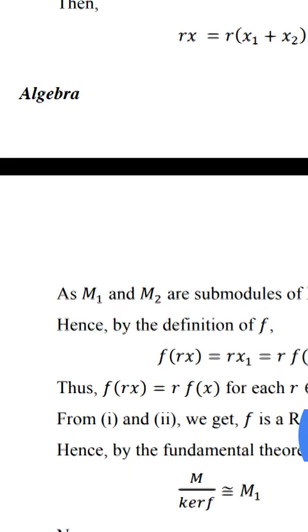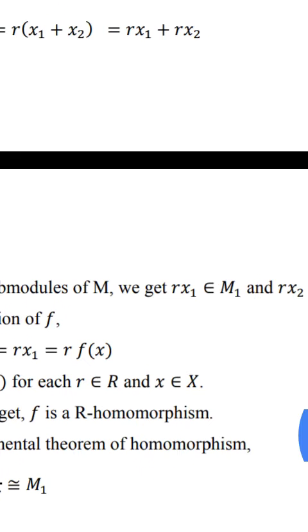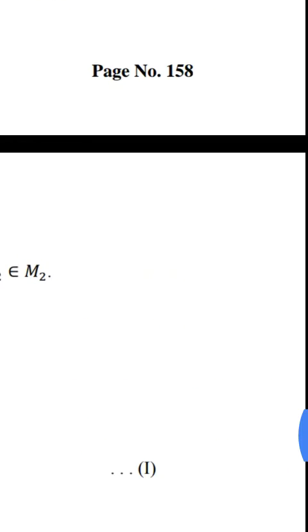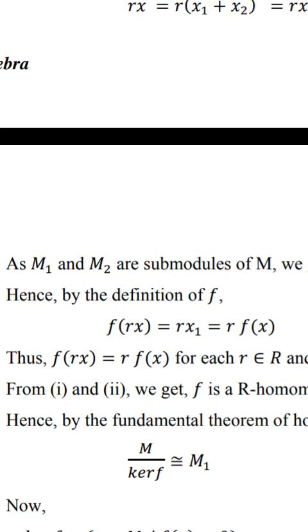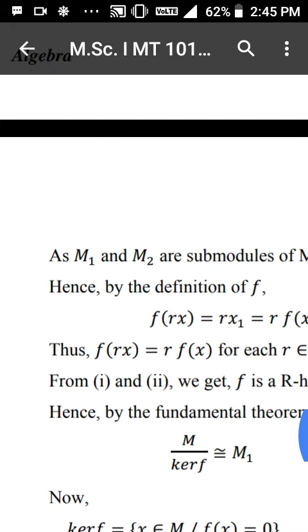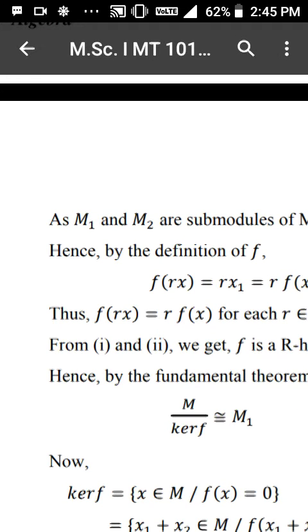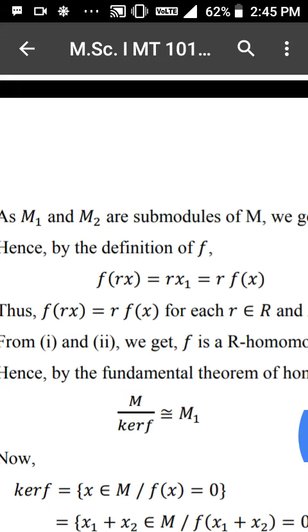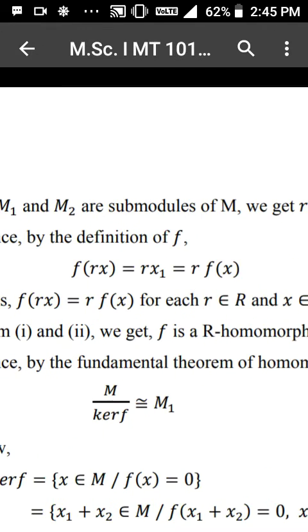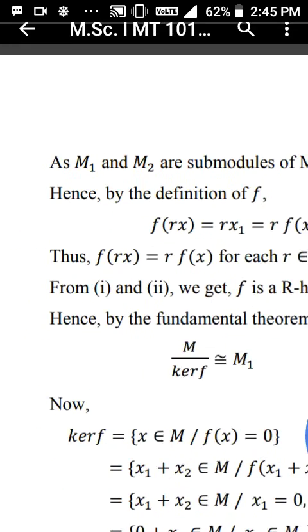As M1 and M2 are submodules of M, we get rx1 belongs to M1 and rx2 belongs to M2. Hence, by the definition of f, f of rx is equal to rx1 is equal to r into f of x. Thus, f of rx is equal to r into f of x for each r belongs to R and x belongs to M. From 1 and 2, we get f is an R homomorphism.